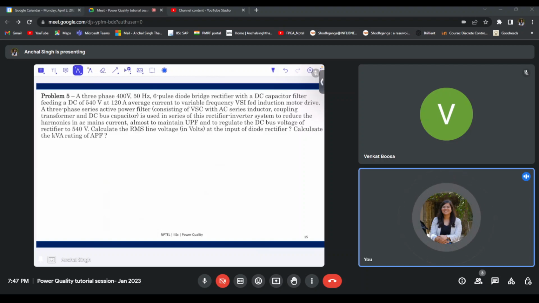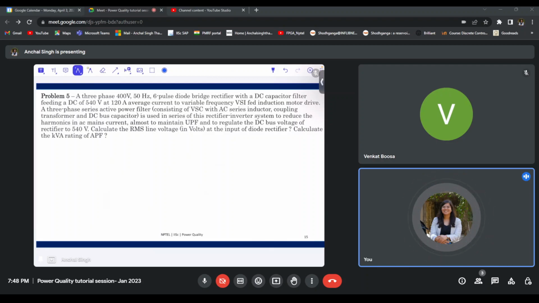Now again we have a problem where a three-phase 400 volt 50 hertz system is given, and the system has a 6-pulse diode bridge rectifier with a DC capacitor filter feeding a DC of 540 volts at 120 ampere average current to a variable frequency voltage source inverter fed induction motor drive.